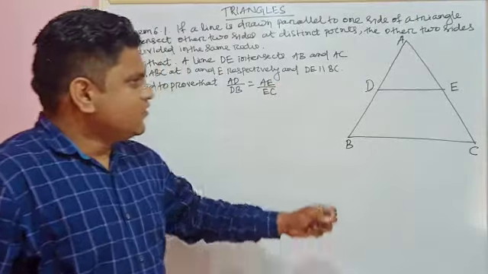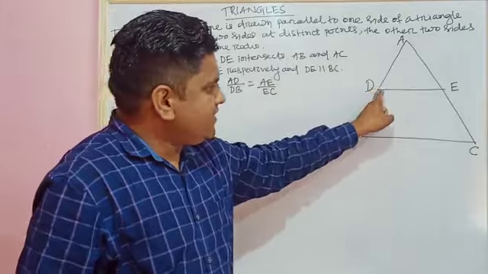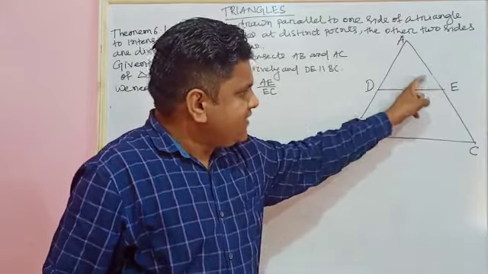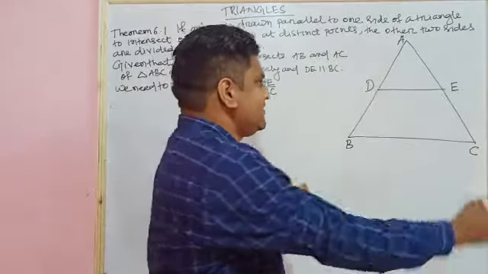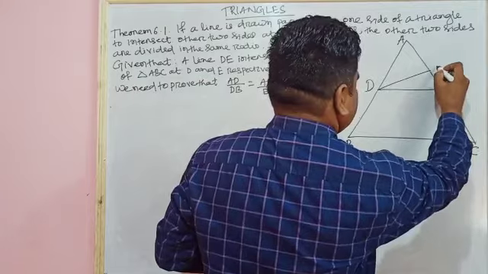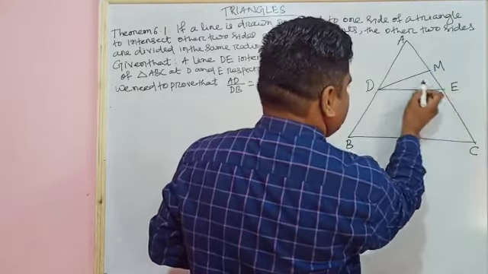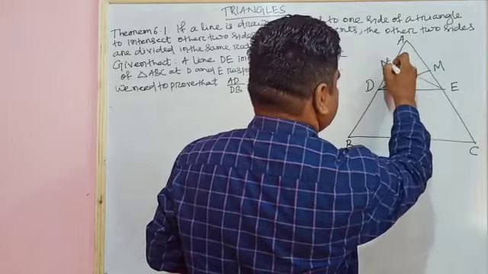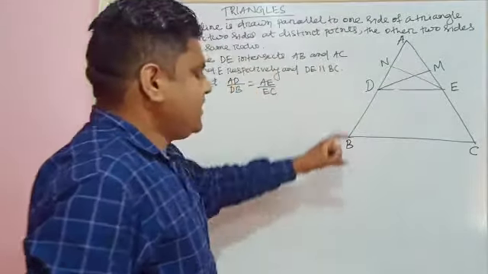That is, we have to draw a perpendicular from D on AC, and we have to draw another perpendicular from E on AB. Let's draw this. Let DM is perpendicular to AC and EN is perpendicular to AB.